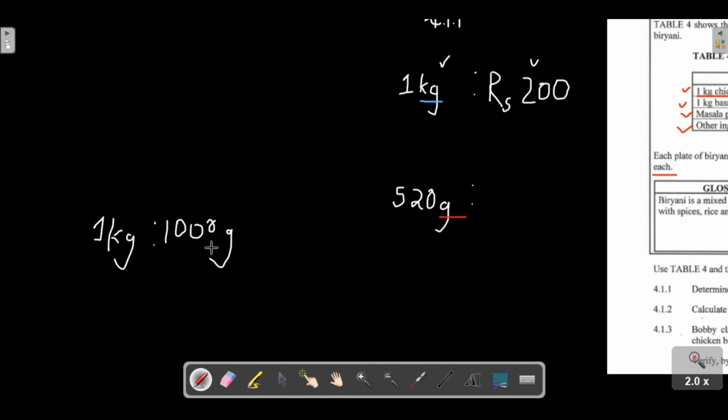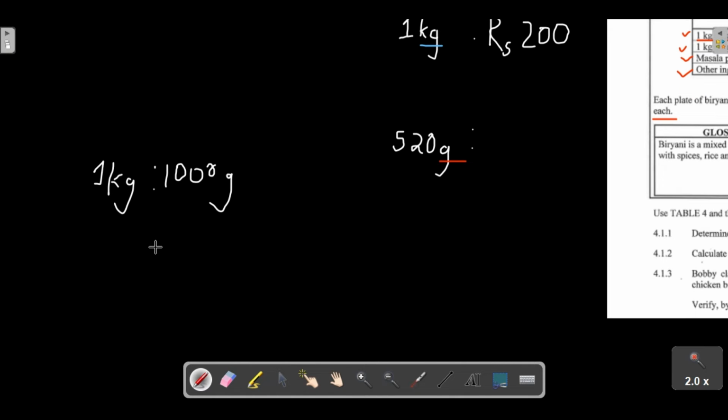There are 1,000 grams in 1 kilogram. Now we want to convert this 520 grams, so we write it on the right hand side, grams, and we want to convert it to kilograms, so kilograms on the left hand side.